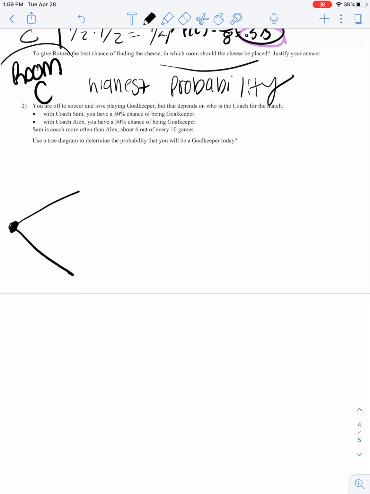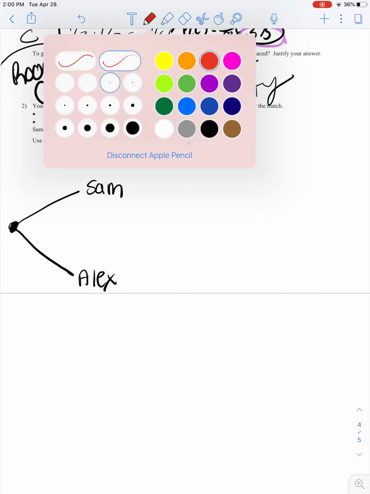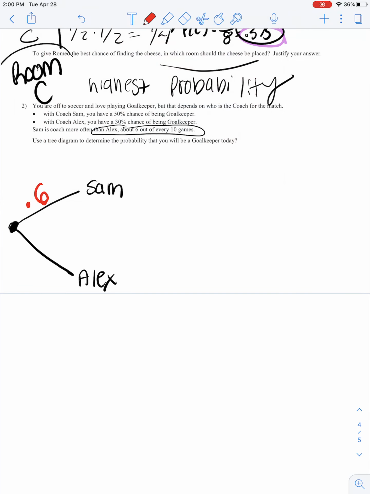Okay, so first we need to figure out who's going to be the coach, Sam or Alex. There's 2 options for the coach. It says 6 out of every 10 games, Sam is the coach. So 6 out of 10 is about 60%. So 60% of the time Sam is the coach, 40% of the time Alex is the coach.